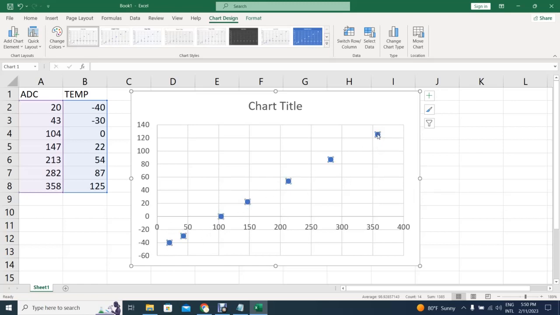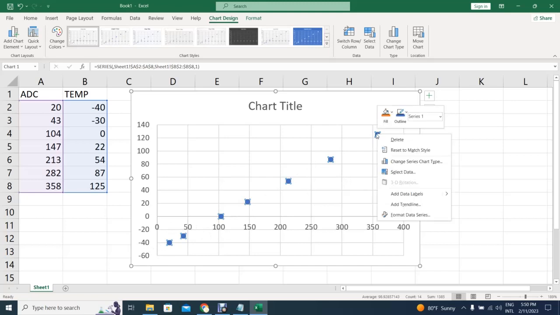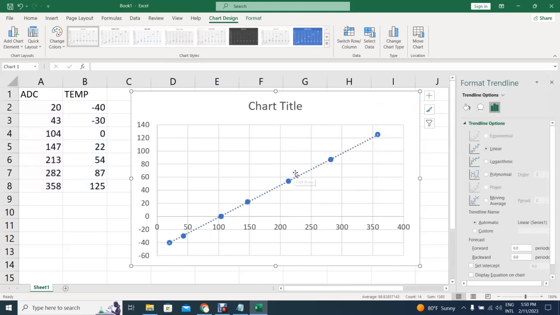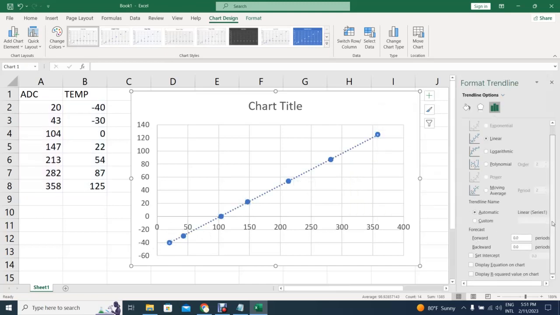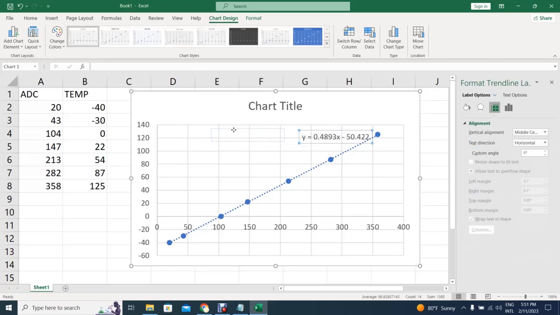That's even better. Just to demonstrate that this is a linear correlation between temperature and ADC, let's add a trend line, and let's have the display of the equation. This equation is the one that we want, because basically here we have the slope and here we have the intercept.